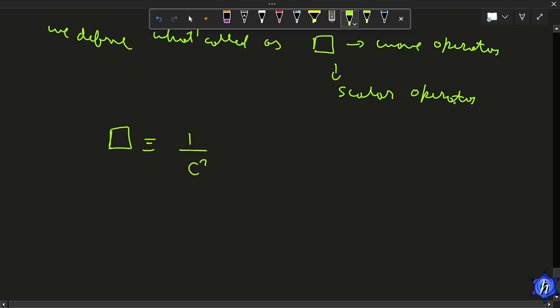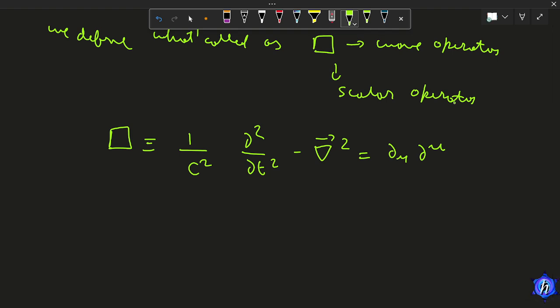The notation that goes is 1 by c square dou t square minus del square, which is dou mu downstairs, dou mu upstairs. Now you know why it's a scalar operator, because this is contracted and you get a scalar operator.